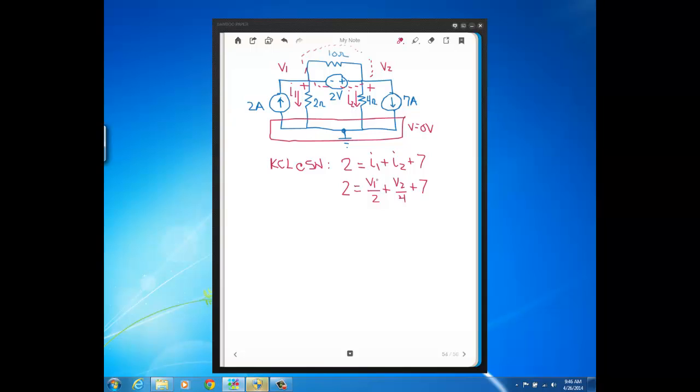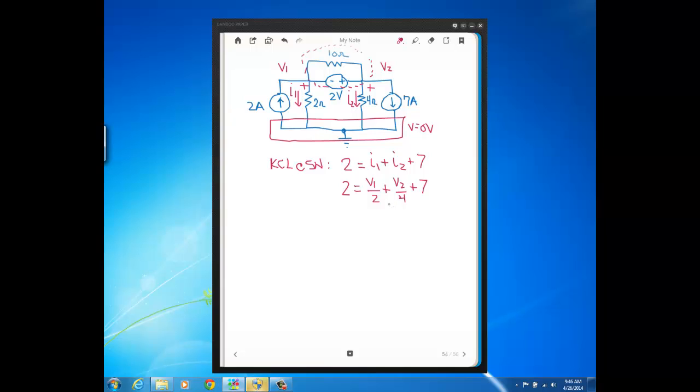Instead of V1 and V2, they'll call the supernode voltage VSN and put VSN in both places. But remember, you only treat the supernode as a single node to write the KCL. After that, when you write the currents in terms of voltage, you're treating it as two separate nodes again. Just something to keep in mind.